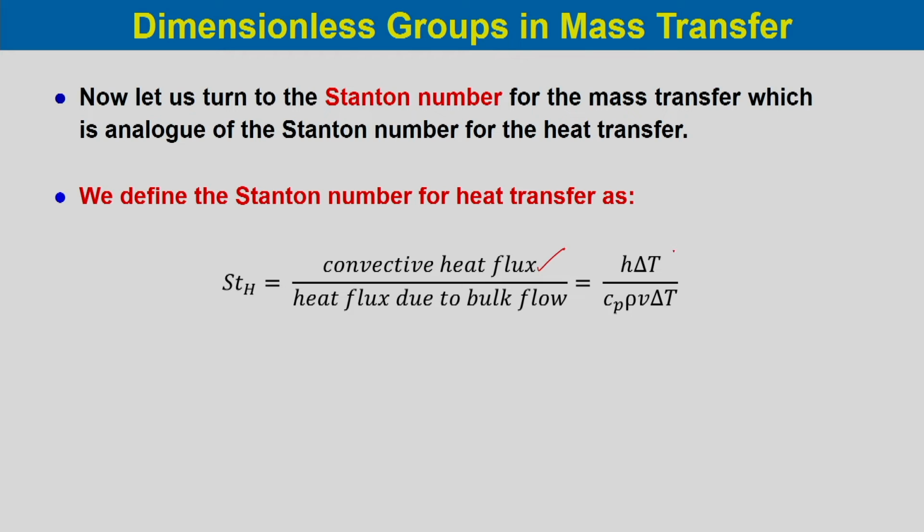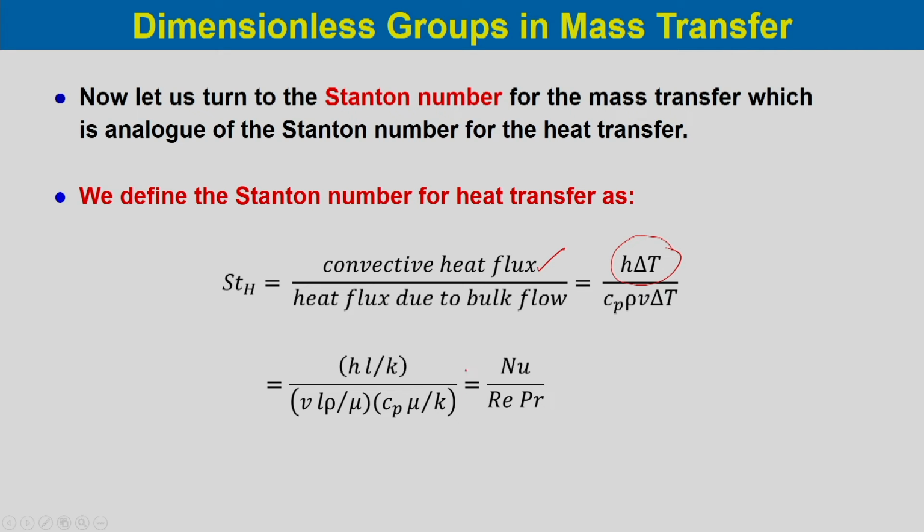So, convective heat flux is h delta T, and the heat flux due to bulk flow is Cp rho V delta T. If we multiply L in the numerator and the denominator, and manipulate with rho by mu, we can write this ratio as h L by k divided by V L rho by mu into Cp mu by k.